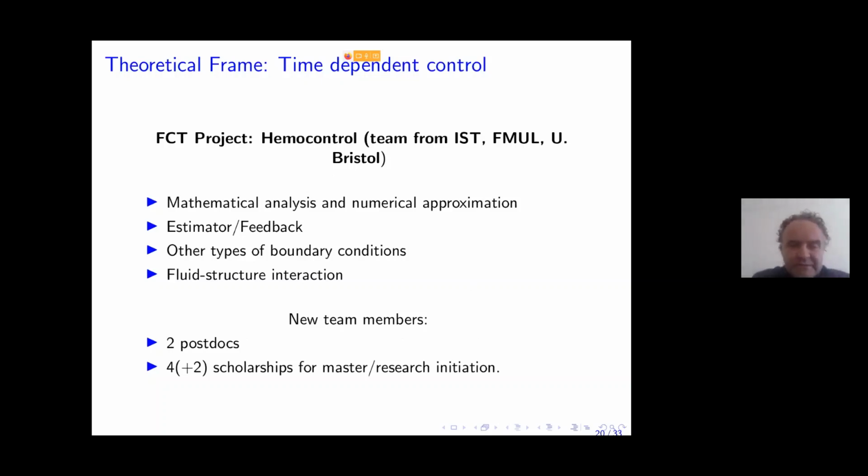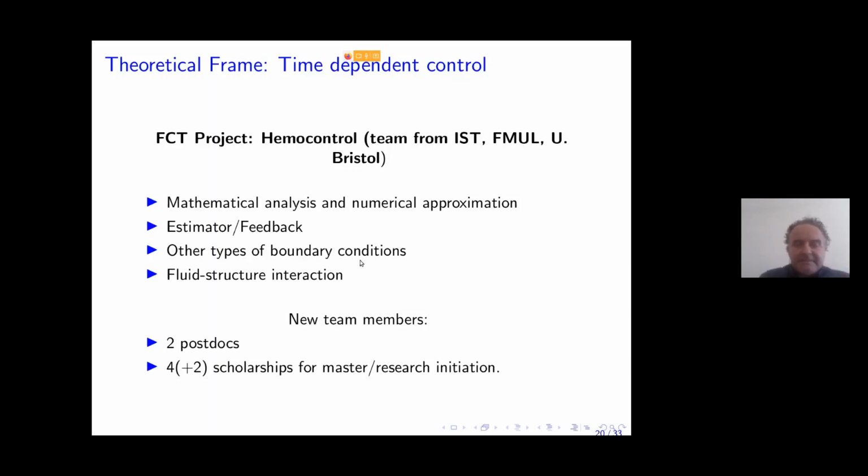So I'm the PI of the project, with people from IST, also from the University of Lisbon, the Faculty of Medicine, and the University of Bristol. We got an FCT project with the aim precisely of addressing this problem. We would like to do the mathematical analysis and the numerical analysis for the control problem in the time-dependent case.